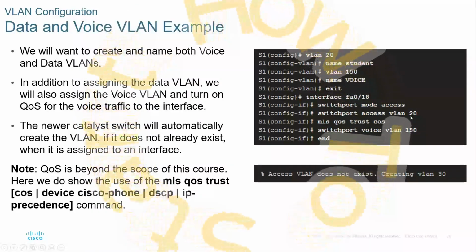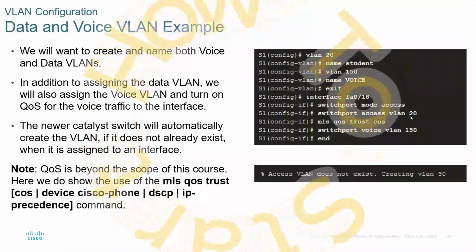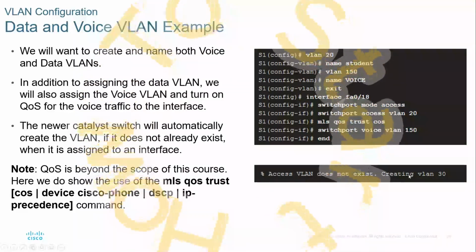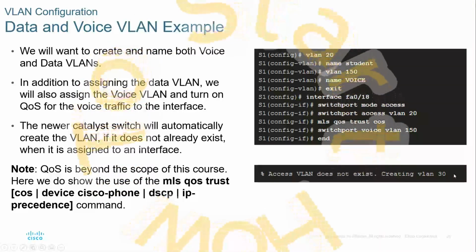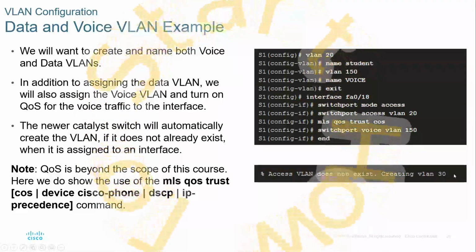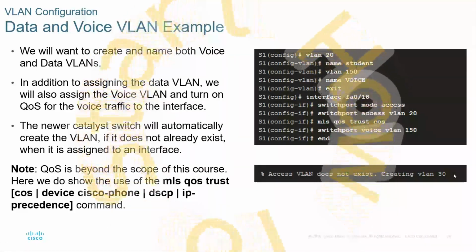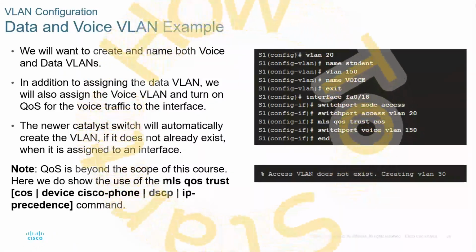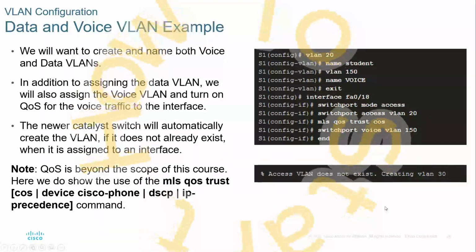If VLAN 30 doesn't exist, you should get this message: VLAN does not exist, then it will create VLAN 30. So you don't always have to create the VLAN numbers first, but it's a better idea to do that so that you can create the VLAN and then name them appropriately. Here, VLAN 30 will be nameless.